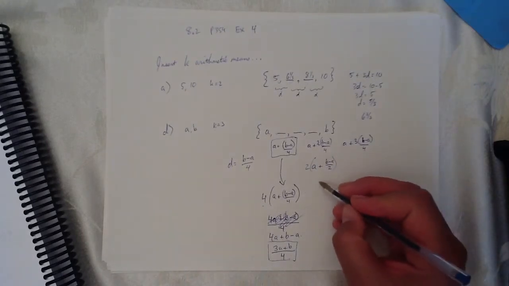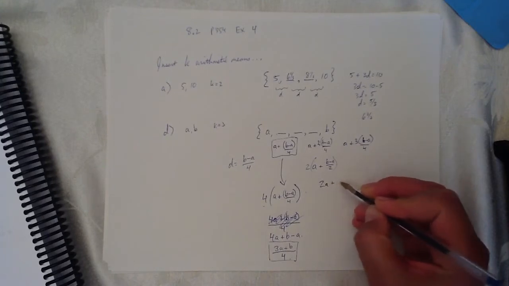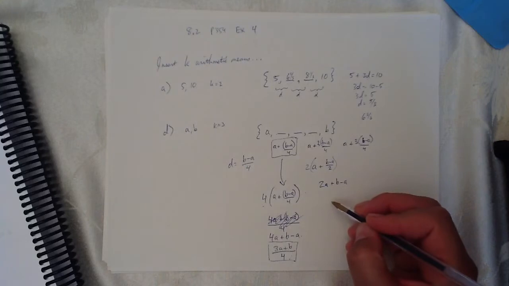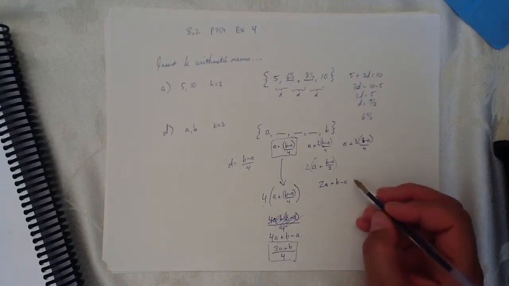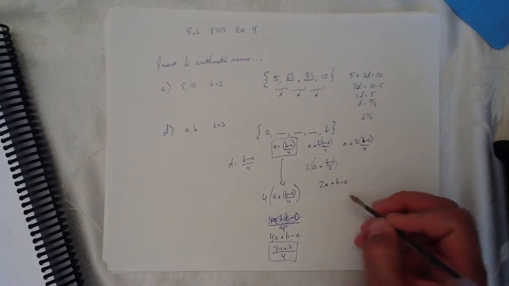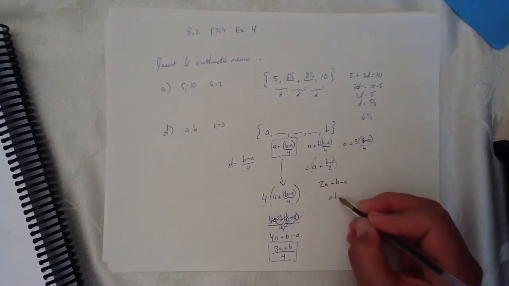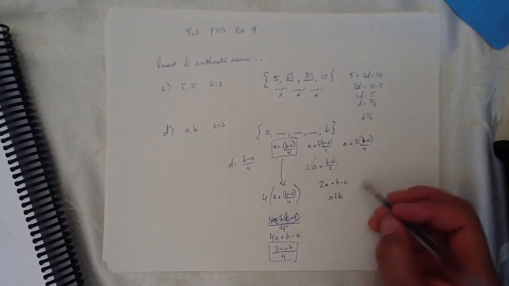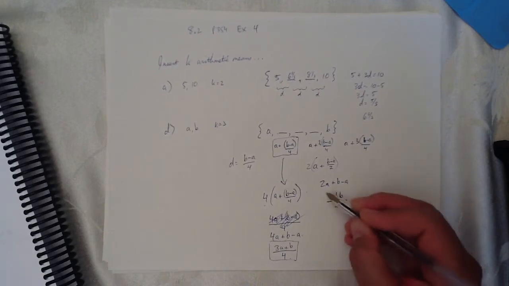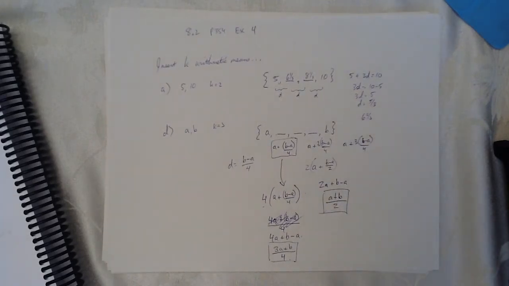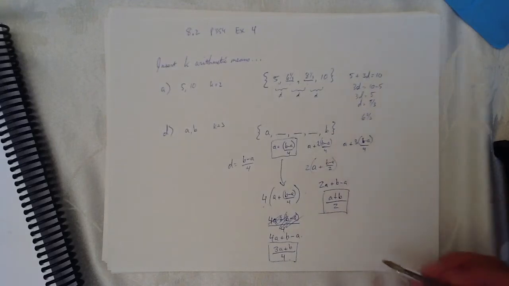That should be fine. We get 2a plus b minus a. And 2a minus a is a, so we get a plus b. And now we're going to divide by 2 again, and that's what the answer key shows. But it's the same as this.